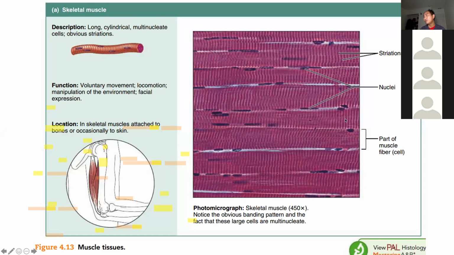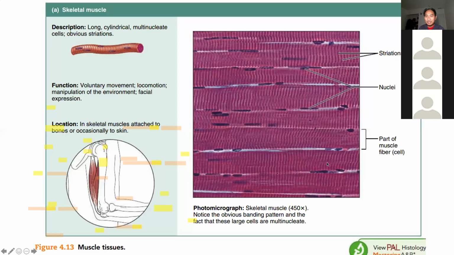They do not go to each other. They do not physically, grossly communicate with each other. This is the feature of skeletal mast cell tissue. Skeletal mast cell tissue is used to move the skeleton for our locomotion. So this is the skeletal mast cell tissue.